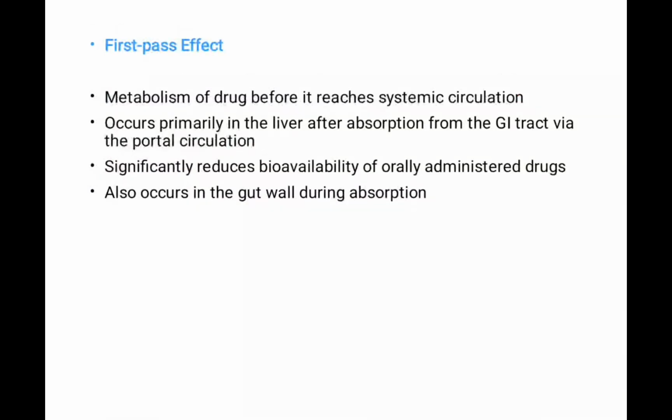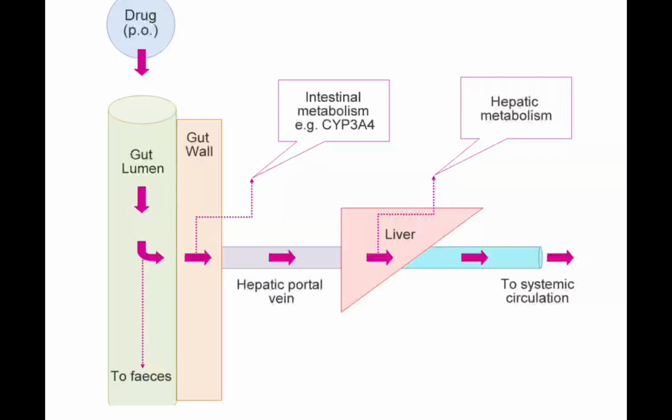First pass effect. Now, the metabolism of drugs before they reach systemic circulation is what we regard as the first pass effect of a drug. It occurs primarily in the liver after absorption from the GI tract through portal circulation. It significantly reduces bioavailability of orally administered drugs. So when a drug is administered, let's say this is the gut lumen and this is the gut wall.